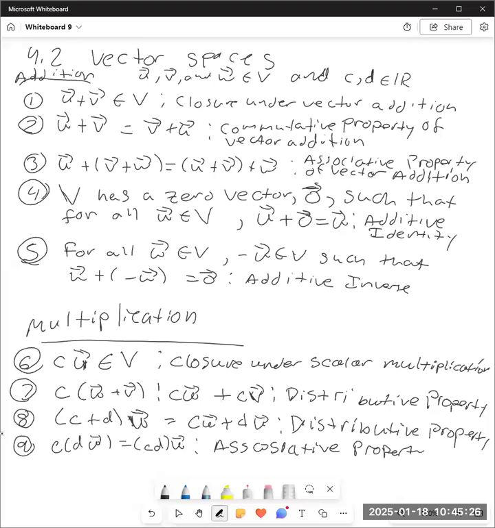And last but not least is our scalar identity. So we need to be able to multiply by 1 and not change the vector. That's a scalar identity.